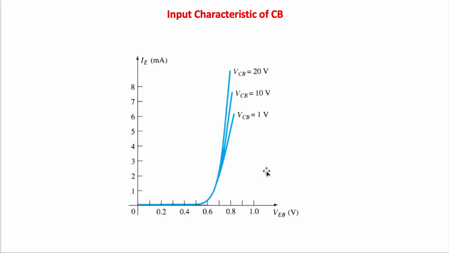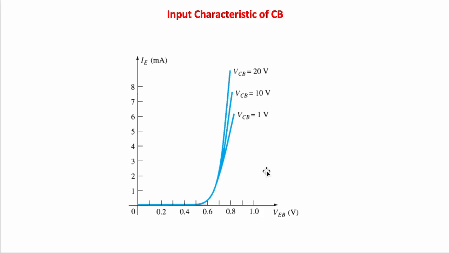So for the input characteristic, we have to understand how the transistor behaves under the biasing conditions. So we need to observe the input and output characteristics, that is, the relationship between the input and output voltages and the currents.